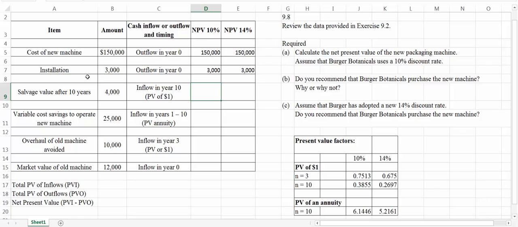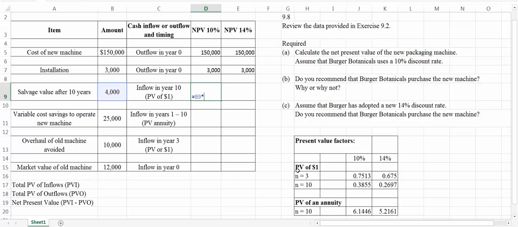Next thing that happens is we're going to get salvage value after 10 years. Remember, we said that's going to be an inflow in year 10, requiring us to use the present value of a dollar concept. So now we're going to take the $4,000, our salvage value, times the present value factor for 10 years at 10%.